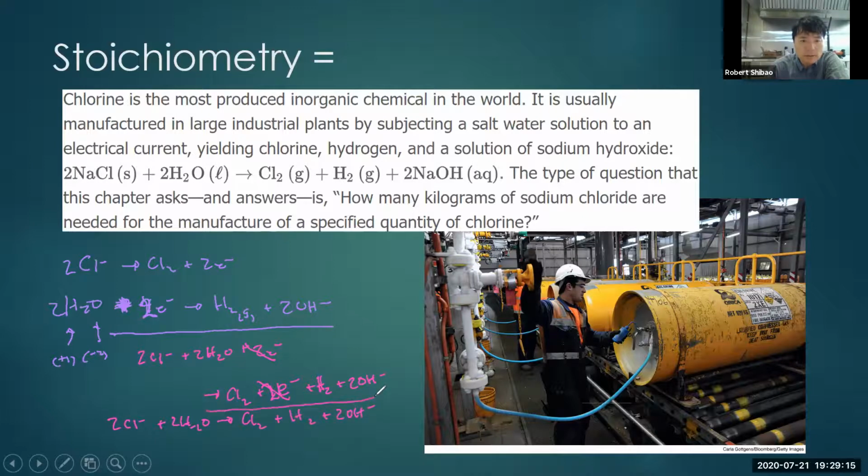Now let's put in the states here. States for chloride will be AQ. H2O would be a liquid. Chlorine would be a gas. Hydrogen would be a gas. And hydroxide would be AQ. Now the chart method always yields the NIE.